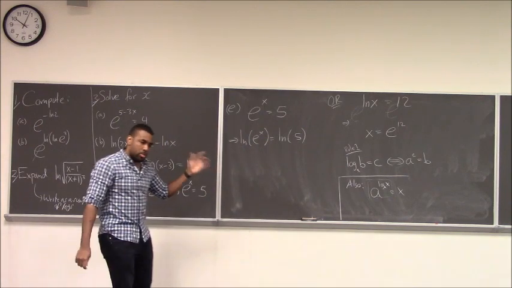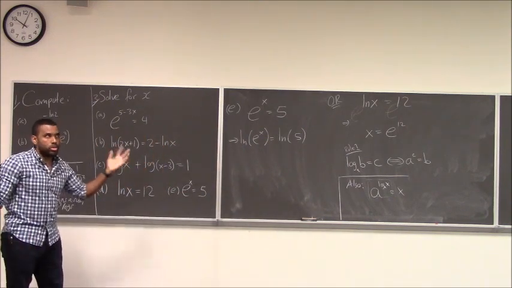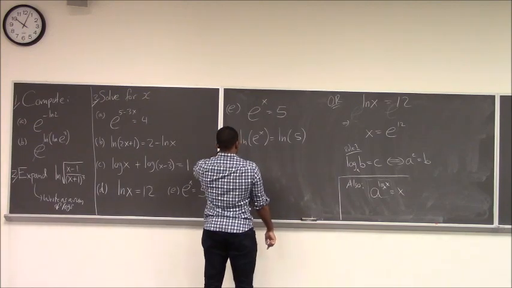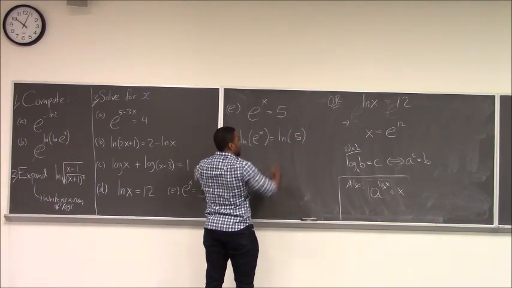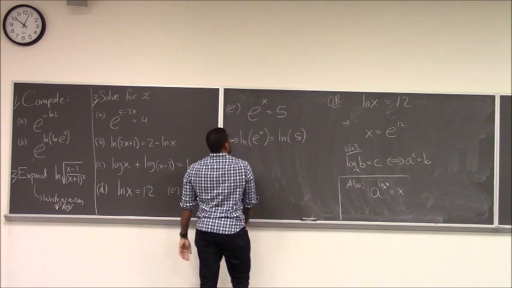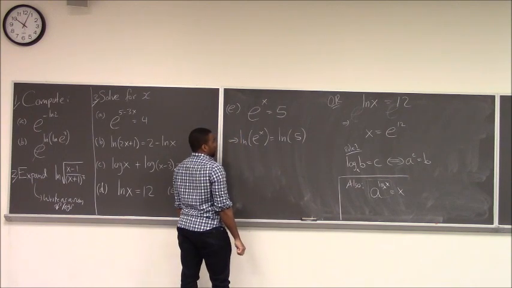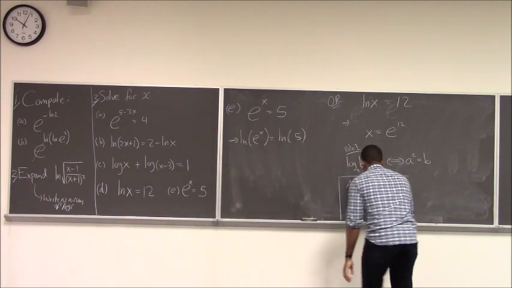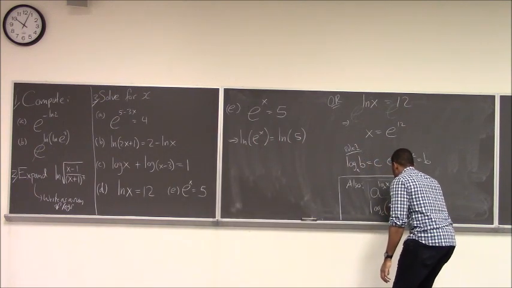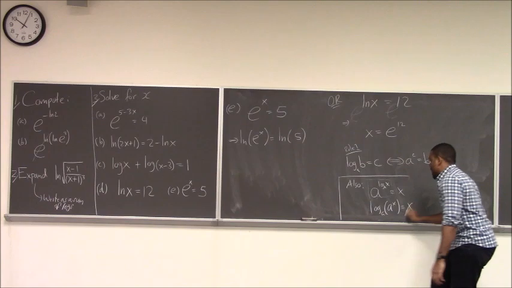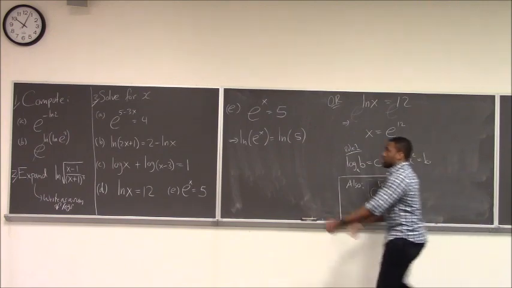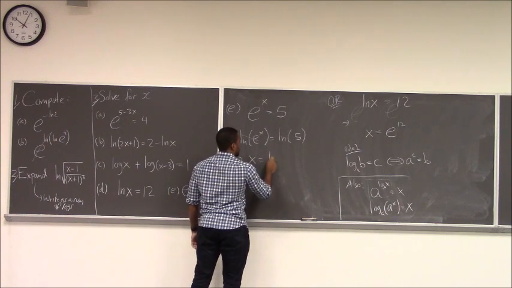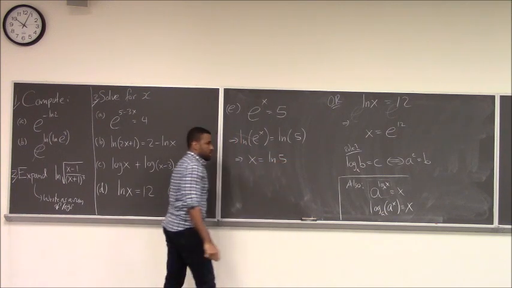and it should still give me the same answer. You can do this, by the way, because the log and the exponential are one-to-one functions. I don't know if you remember what that is. But these are functions such that if the outputs are the same, the inputs have to be the same. Now you do that, and you realize you can take advantage of another rule, that applying this rule to the left side, ln and e cancel, and you're just left with x. So x equals ln 5.